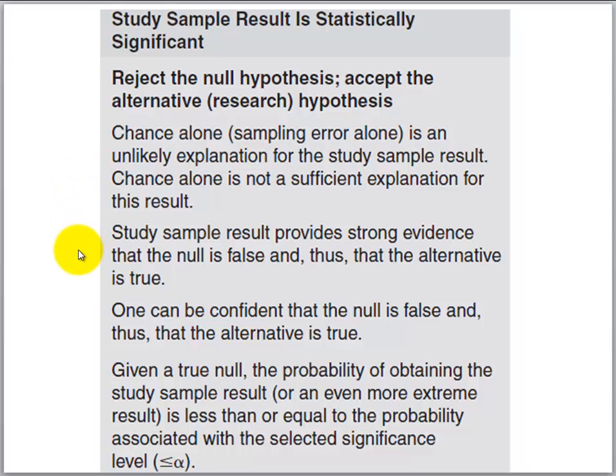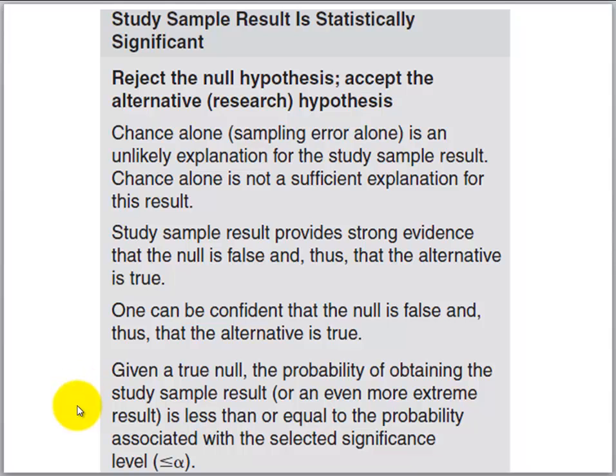When the result is statistically significant and you reject the null, the study sample result, that is the data, is providing to you strong evidence that the null is false and also that the alternative is true. So in this situation, you can be confident the null is false.